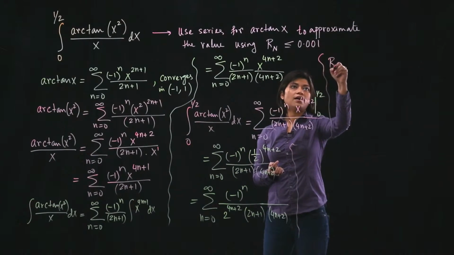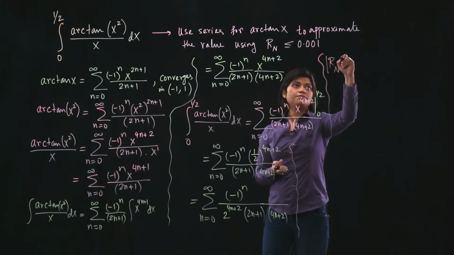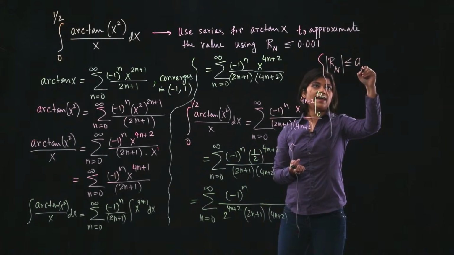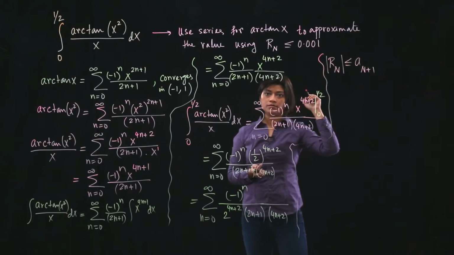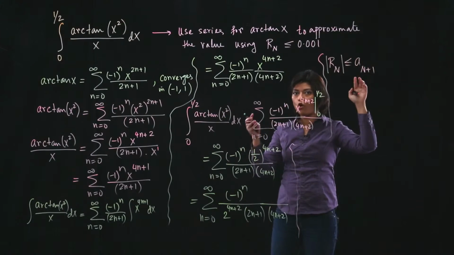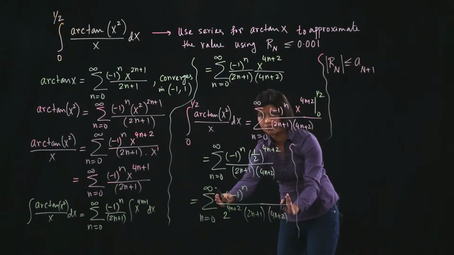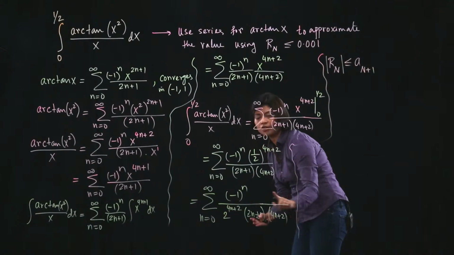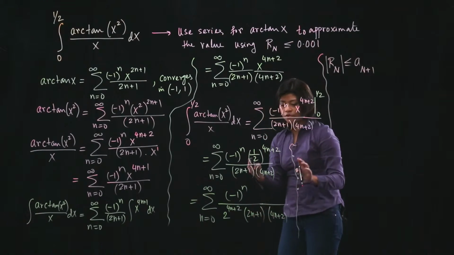Recall that the absolute value of Rn is less than or equal to a_(n+1). And what is a_(n+1)? If you have an alternating series, which we have right here, a_n is the positive part of that series.